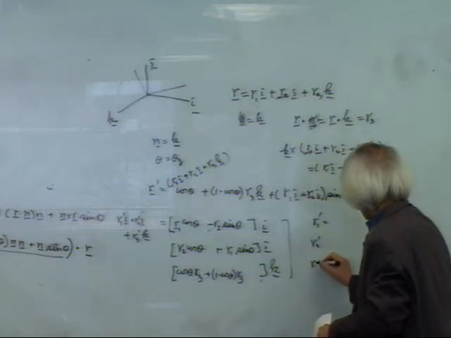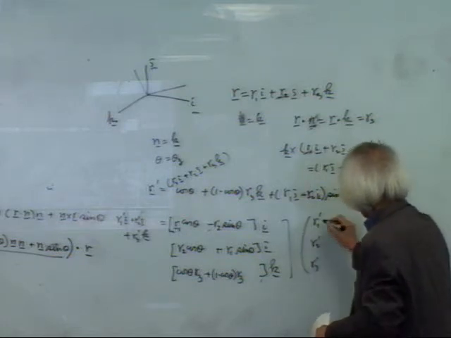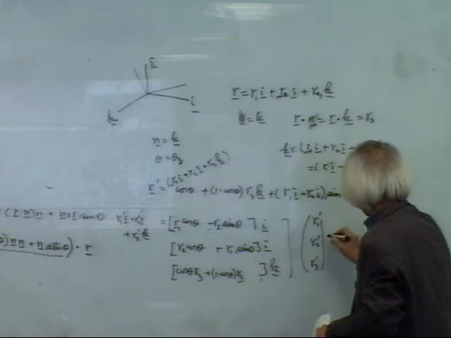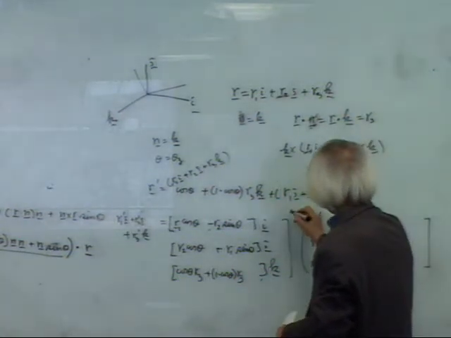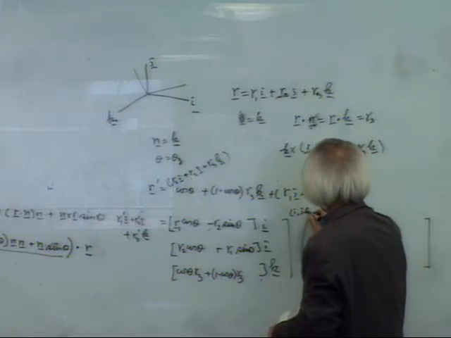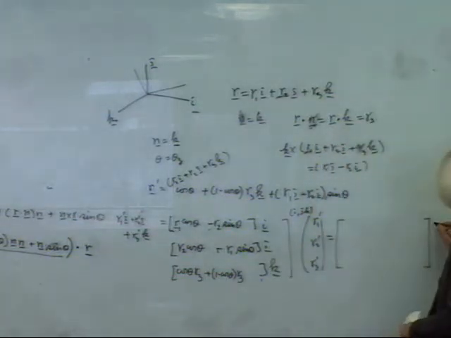So by taking the I, J, K identity, R1 prime, R2 prime, R3 prime, you can write it here. Here is I, J, K. And here R1, R2, R3.